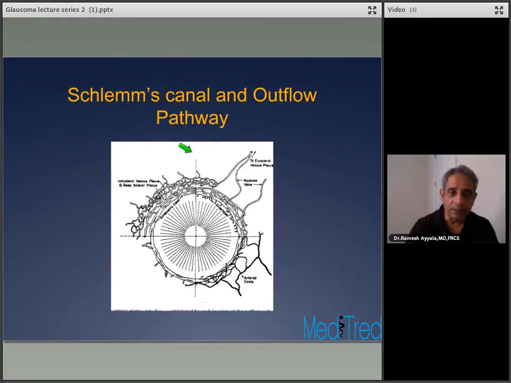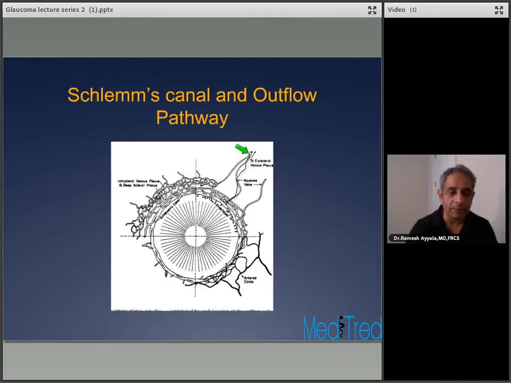So this is another view of the Schlemm's canal in a cartoon version. As you can see, the aqueous goes into the Schlemm's canal, and from the Schlemm's canal you have the collector channels, and the collector channels lead to the deep scleral and the episcleral venous plexus, and these are the aqueous veins of Ascher that bypass the system and drain the aqueous straight into the episcleral venous plexus, which are visible at the slit lamp.